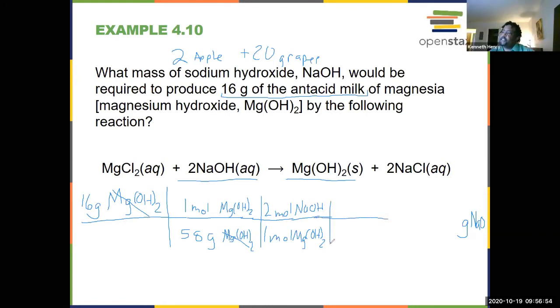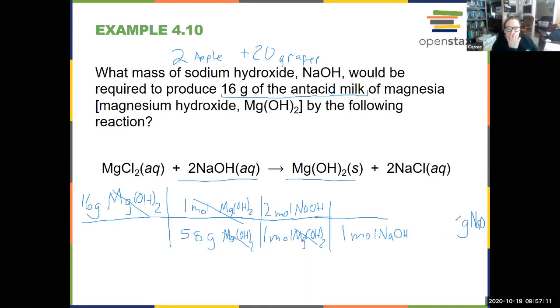So at this point, what compound are we looking at? My sodium hydroxide. Okay, so what is the molar mass of my sodium hydroxide? 63?